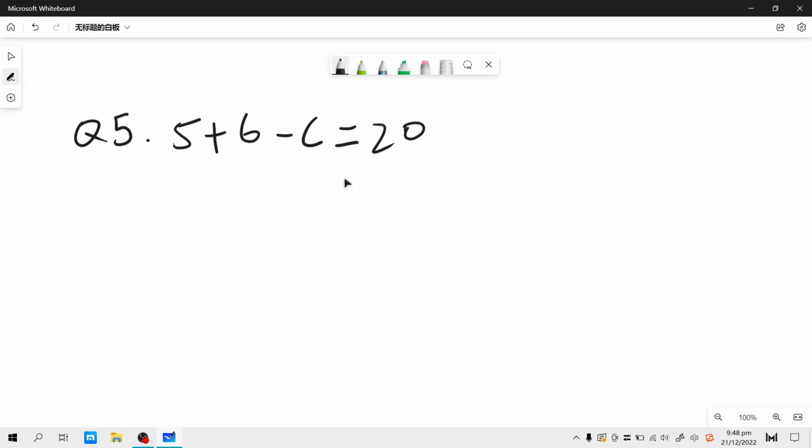So I assume you're done now, so let's go through the last question of all. 5 plus 6 minus c equals 20. If you memorize it carefully, you find out that 5 plus 6 minus c equals 5 minus c plus 6.